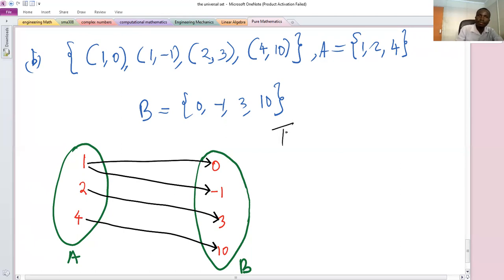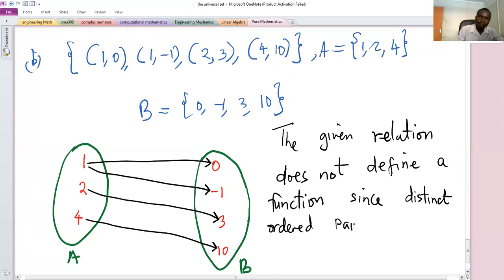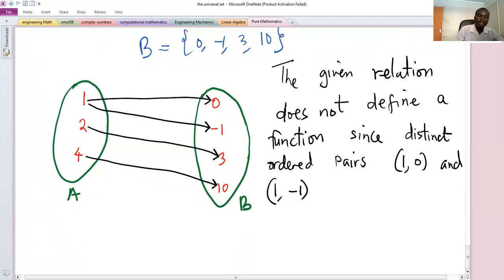So we say the given relation does not define a function since distinct ordered pairs, (1, 0) and (1, -1), have the same first element but different second elements.